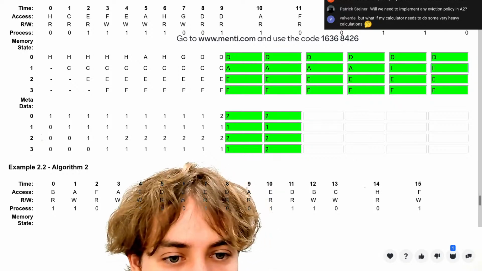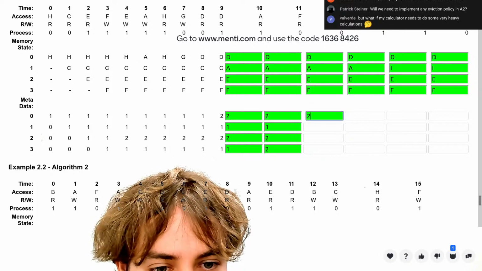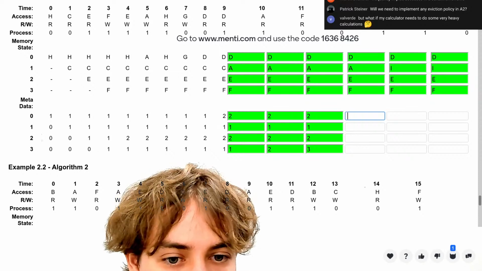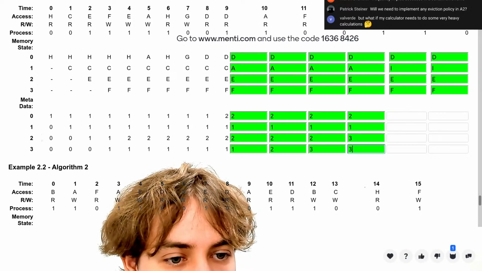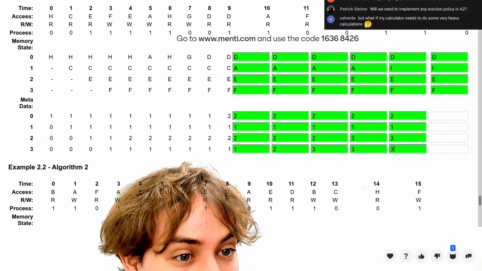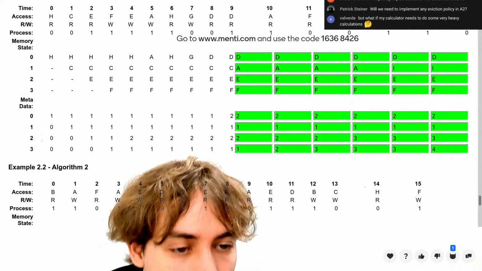They are accessed, but they will never be kicked out. They just count up their frequency. 2, 1, 3, 3, 2, 1, 3, 3, and 2, 1, 3, 4.